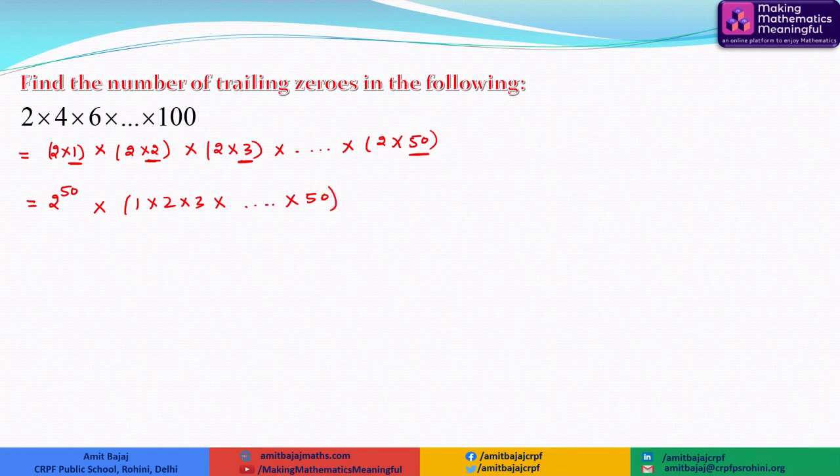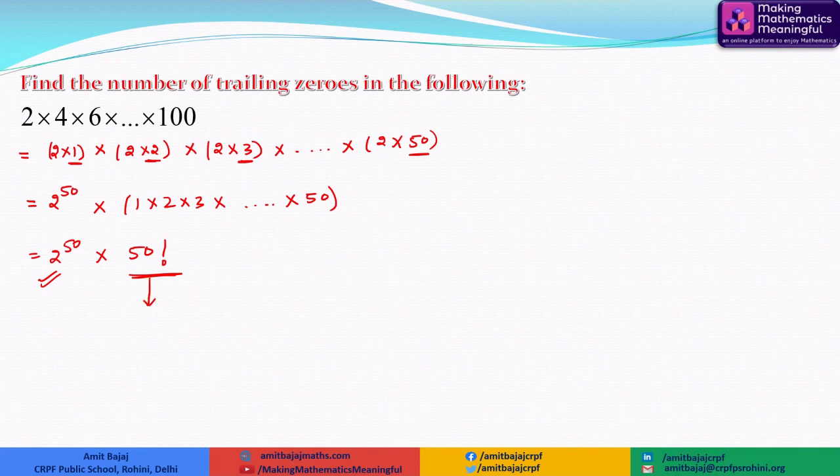So that simply means the zeros will be contributed by this product, which is nothing but 50 factorial, as there will be a large number of 2's present, but 50 factorial will have fewer 5's.